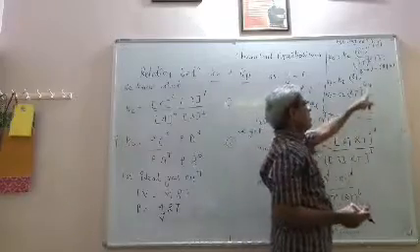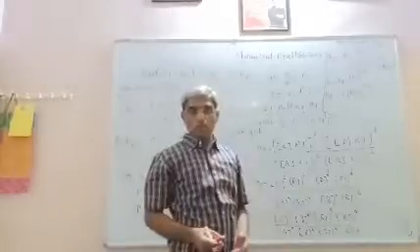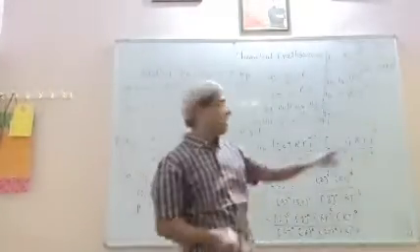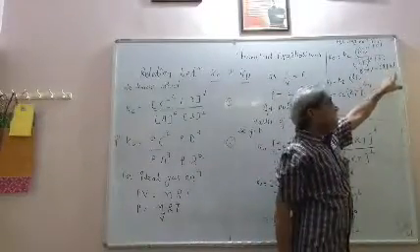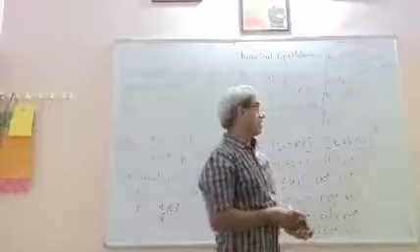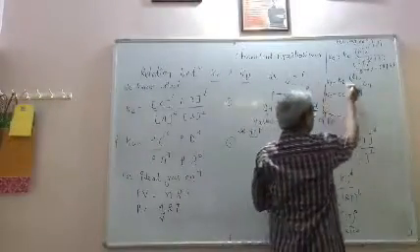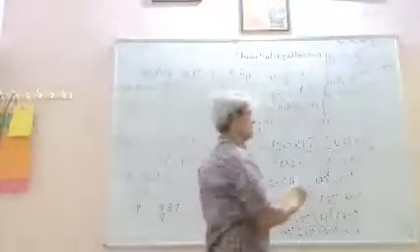This delta n is nothing but change in number of gaseous moles. Change in number of gaseous moles means number of gaseous moles of product minus number of gaseous moles of reactants. And this is the relation between Kp and Kc.